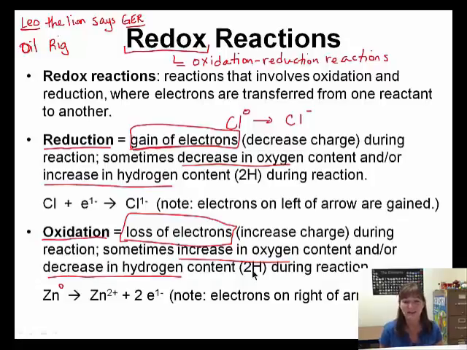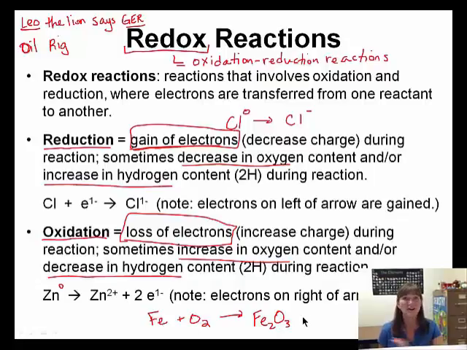When I was trying to help myself remember the gaining oxygen or losing hydrogen parts, this might help out some of you, I'm going to go to the bottom of the slide here. I had known from my life experience that metals get oxidized, that when something is rusting, I had heard somebody say that the iron's being oxidized. So when I thought about the iron reacting with the oxygen in the air turning into rust, I knew that the iron was being oxidized, and what's happening here is my iron is gaining oxygen.